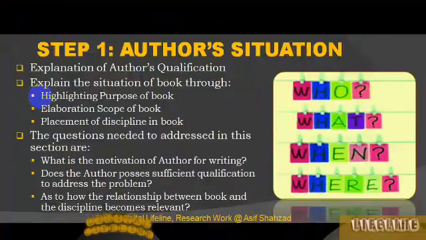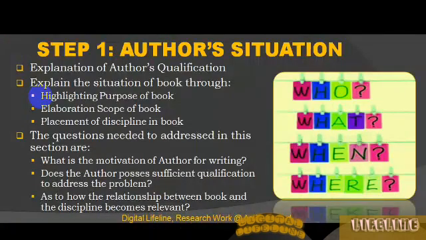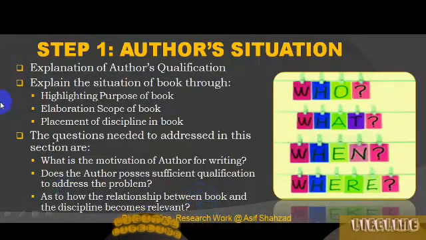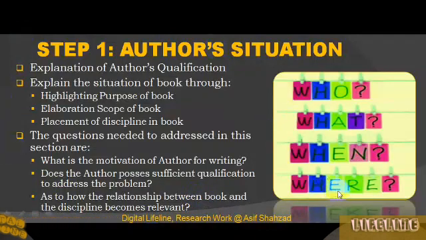So basically this step is about discussing the author's situation. I have mentioned a few points here that you need to keep in mind when you are going to write your critical book review. The holistic impression of this slide is like questions in your mind: who, what, when, where.